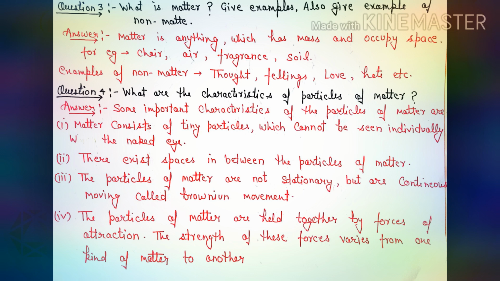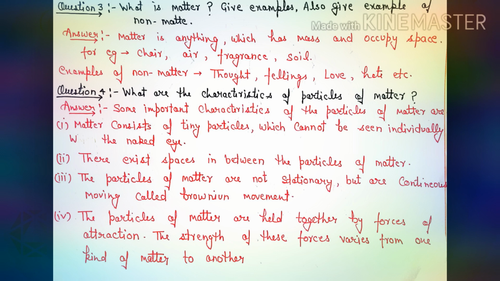Question number 4. What are the characteristics of the particles of matter? Most important question. So important characteristics of the particles of matter are: number 1, matter consists of tiny particles which cannot be seen individually with the naked eye, maybe molecules or atoms. Number 2, there exist spaces in between the particles of matter, which is called intermolecular space.